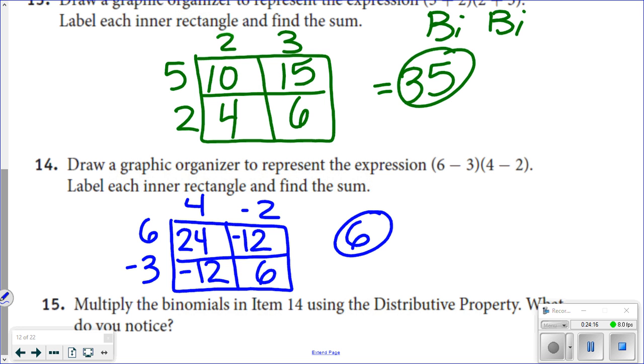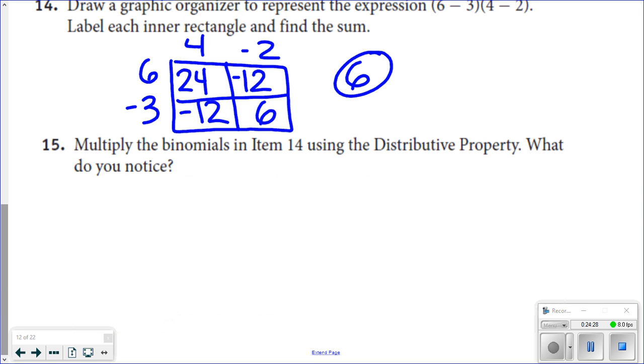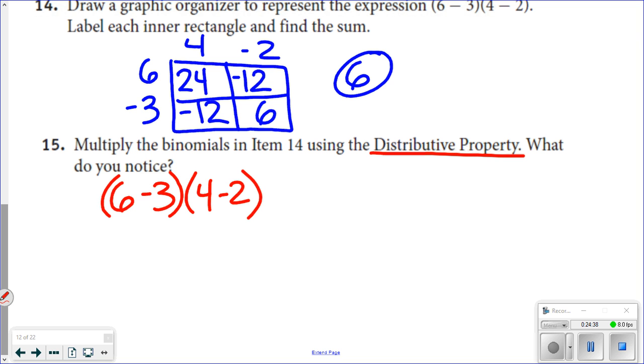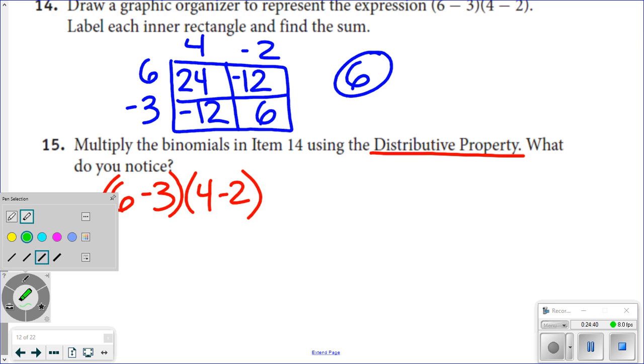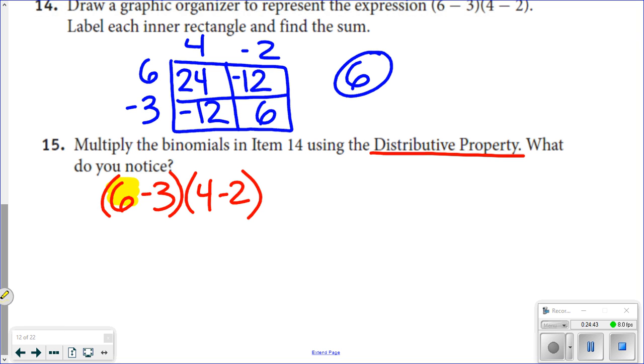We get a total of 6. Now, question 15 wants us to use the distributive property, which we haven't learned yet. And this is the second method that we're going to end up putting on our note sheet. But what we're going to do is we're going to take this 6 and distribute it to the 4 and to the negative 2.